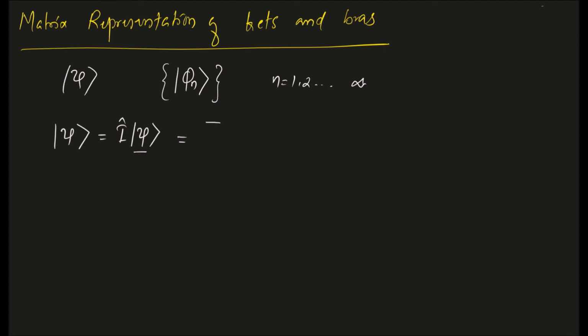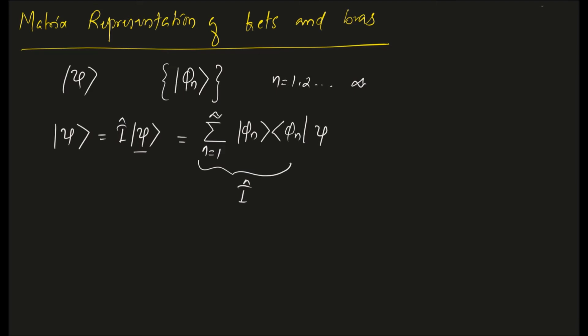Now we use the completeness property, because if you take the sum of the entire projection operators, you will get 1. So this can be the sum over n equal to 1 to infinity of |phi n><phi n|, which is the unit operator, because when you sum it you will get 1.